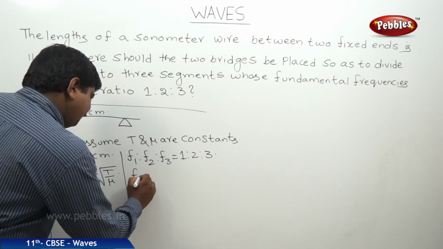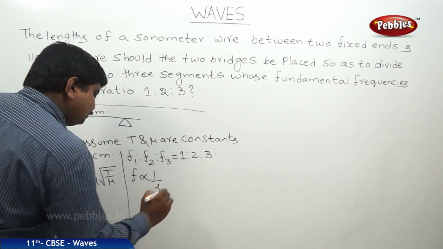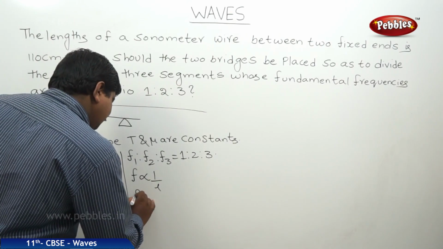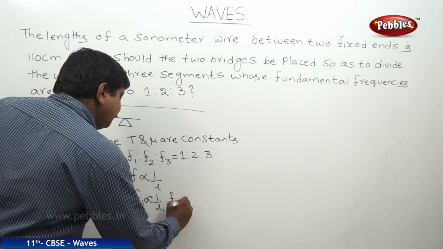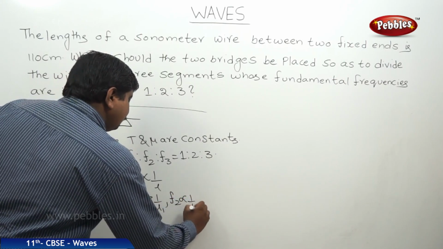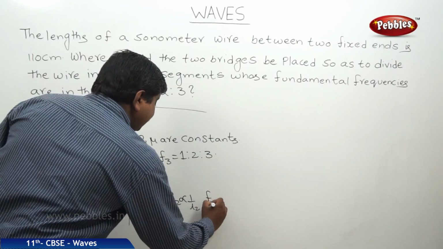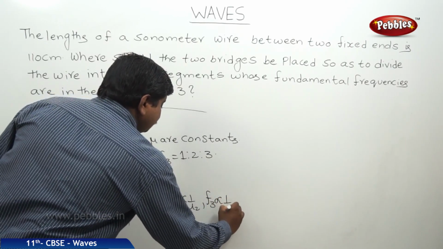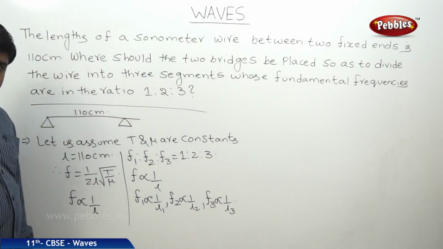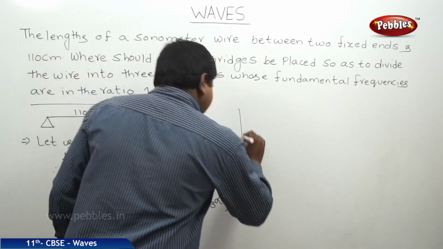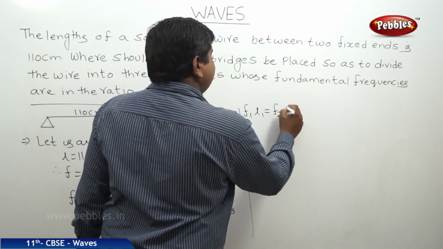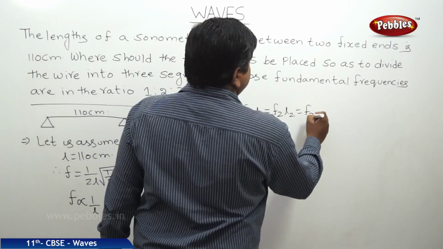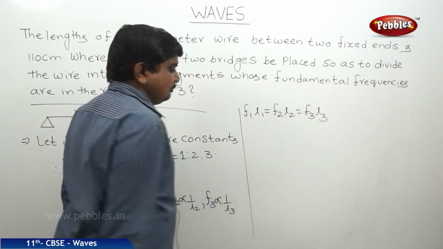If f is proportional to 1/L, therefore f1 is proportional to 1/L1, f2 is proportional to 1/L2, and f3 is also proportional to 1/L3. Therefore, we can write f1L1 is equal to f2L2 is equal to f3L3 is equal to constant.